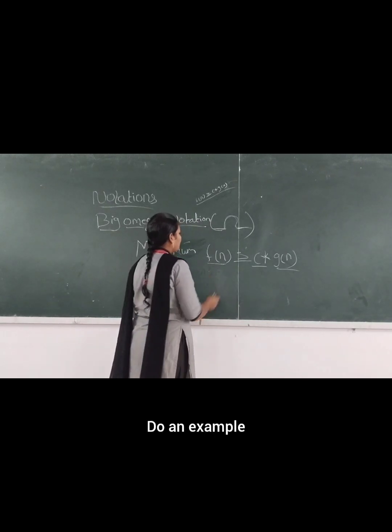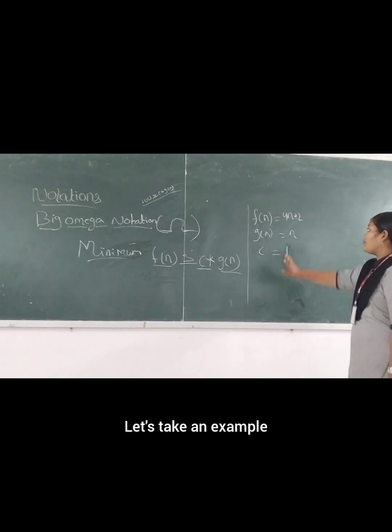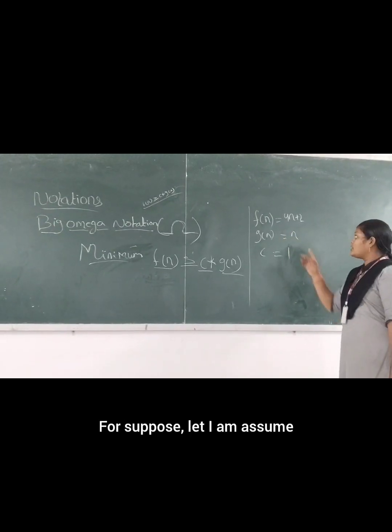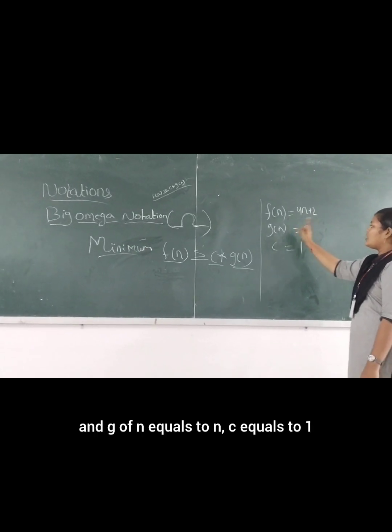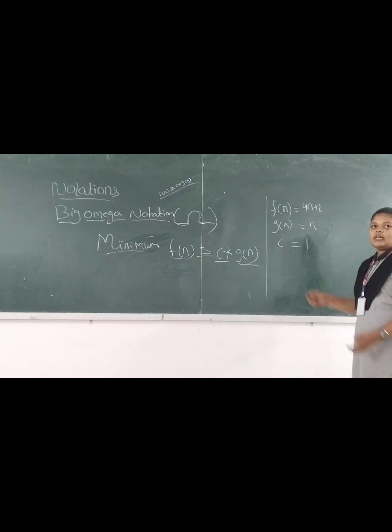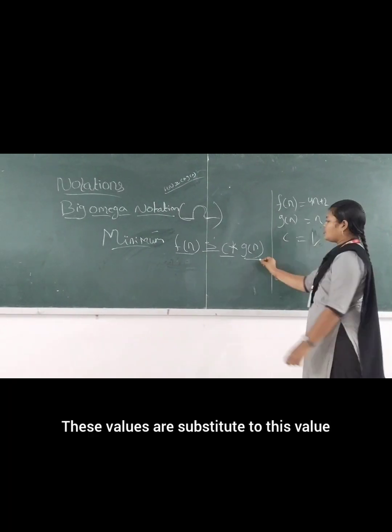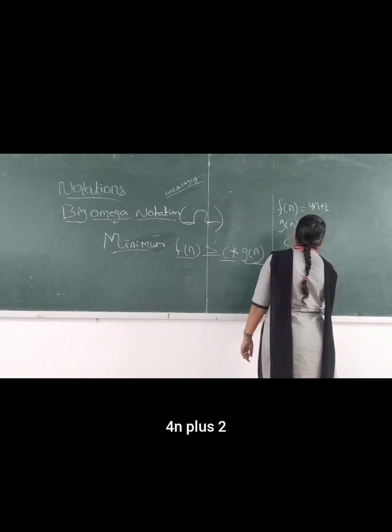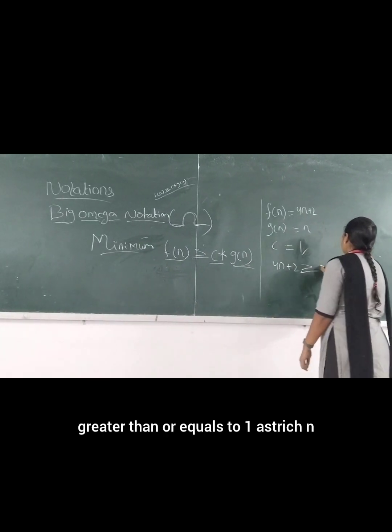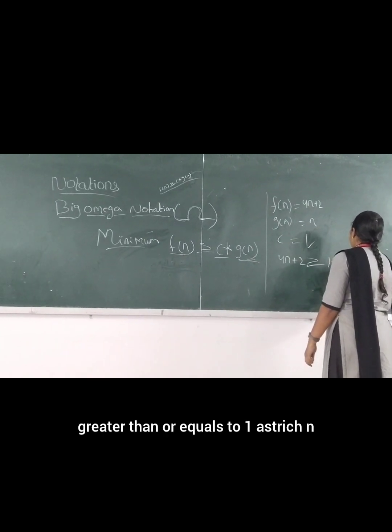Let's take an example. Suppose I assume that f of n equals 4n plus 2 and g of n equals n, c equals 1. These values are substituted: 4n plus 2 greater than or equals to 1 asterisk n.